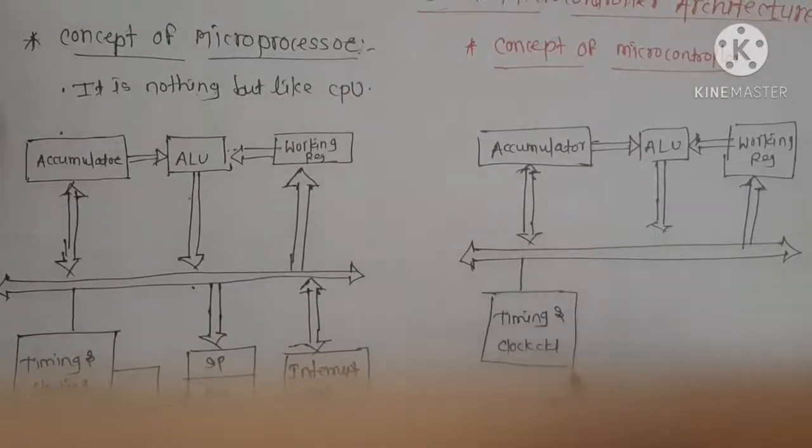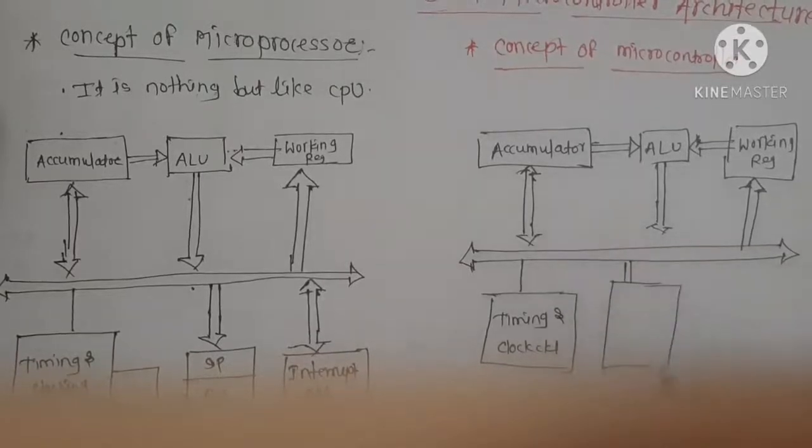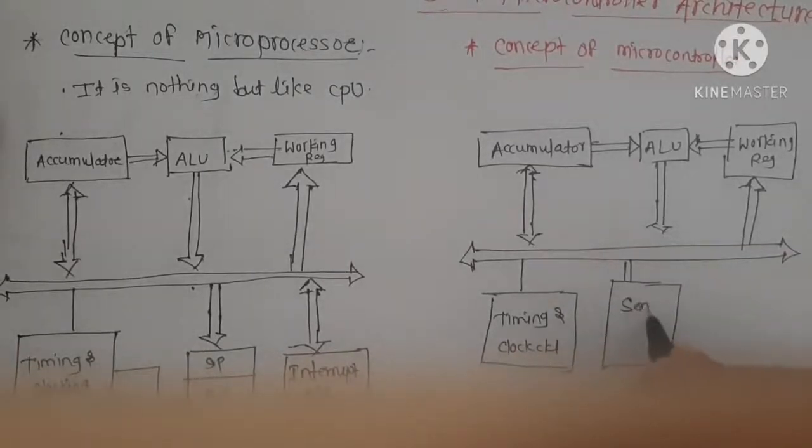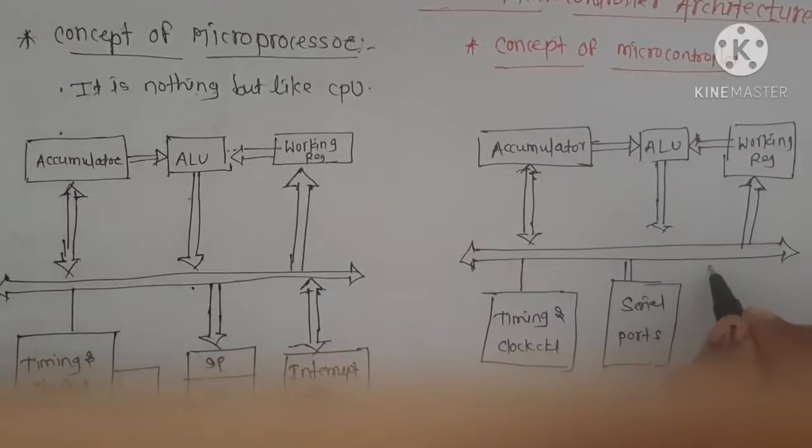After that, here additional is the serial port. In the microprocessor, serial port is absent. In microcontroller, serial ports are present. After that, interrupt circuit, same as in microprocessor.